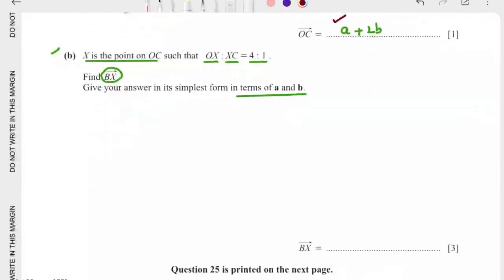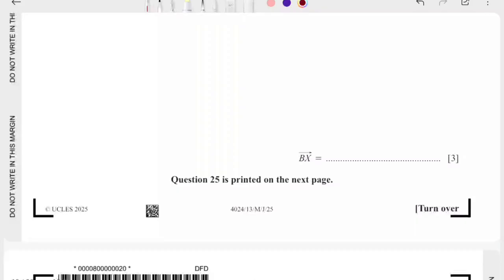So students, try to show working here in the space provided. Your answer can also be written in this form. You can take the LCM further, so it would be (3B plus 4A) over 5. So both answers are accepted.